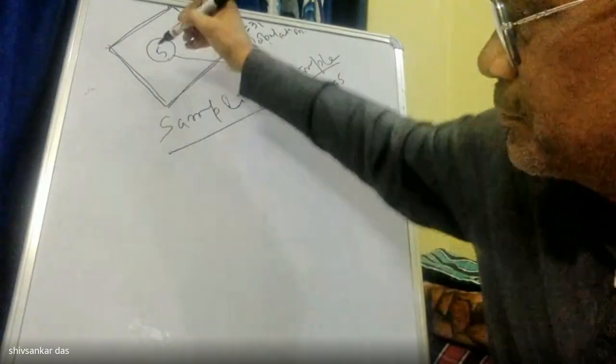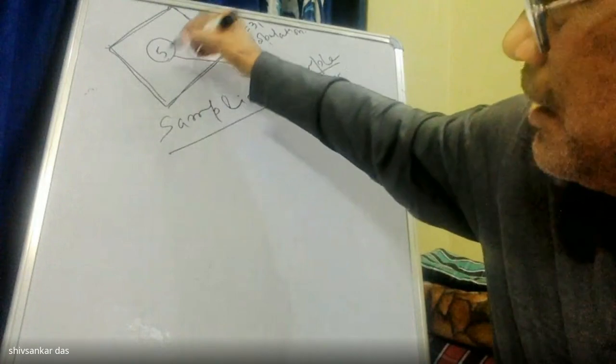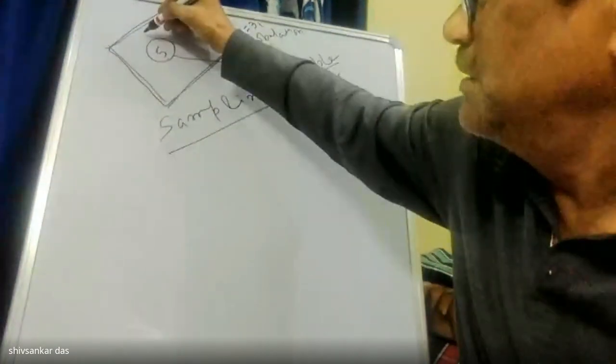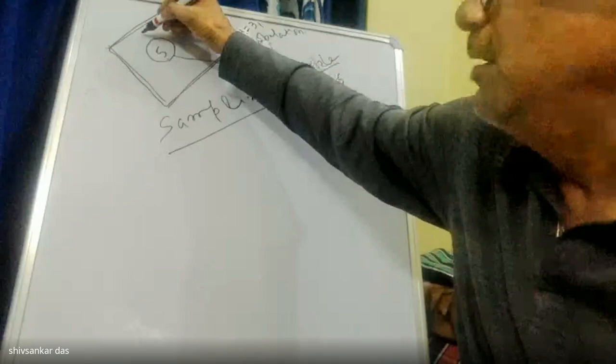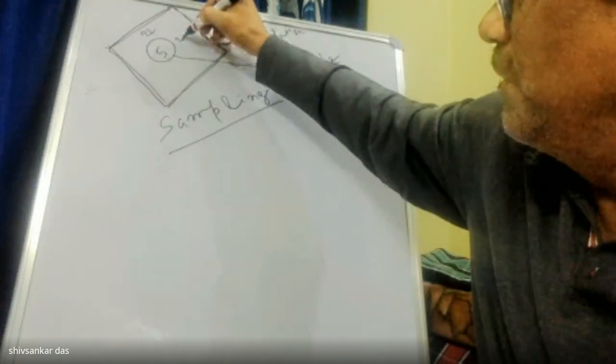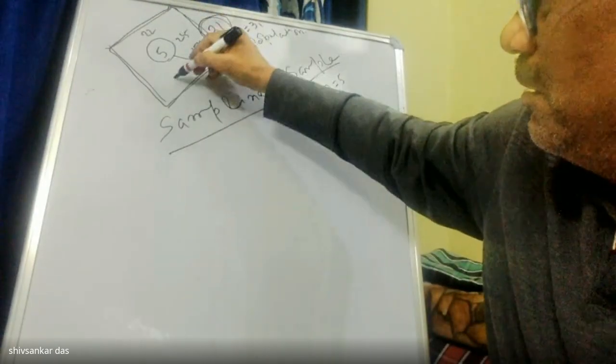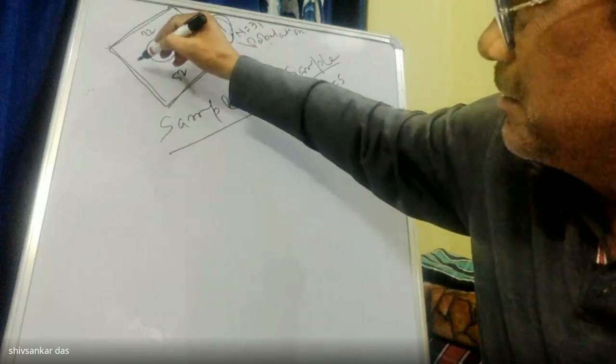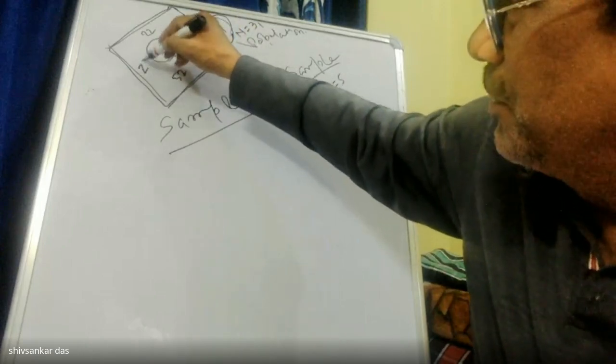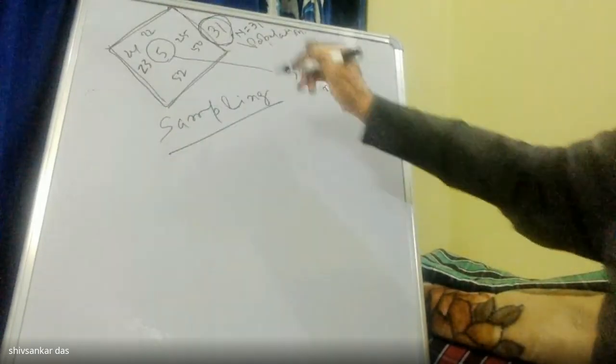Suppose here there are some students having ages, let us say 20, 25, 50, 52, 23, 24.